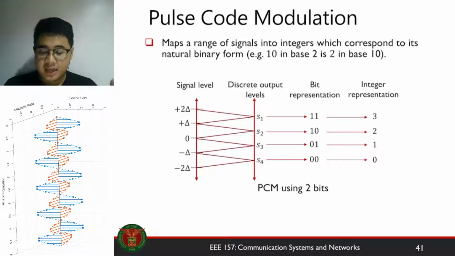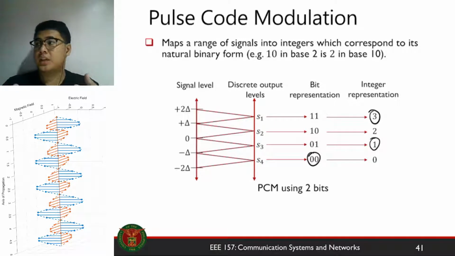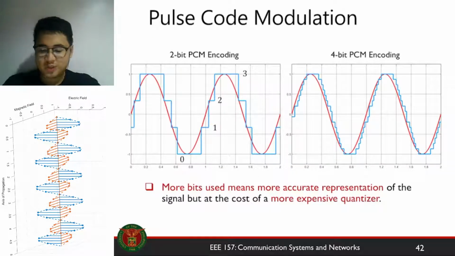The lowest signal level is mapped to the zero integer, which is represented by the 00 bit. Okay, and the next level would be 01, which is represented by integer 1, and so on and so forth, until your number of bits cannot represent the signal level anymore. Okay, so to visualize that, here is your waveform.